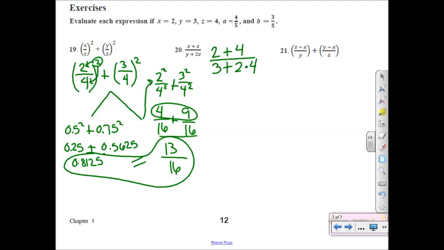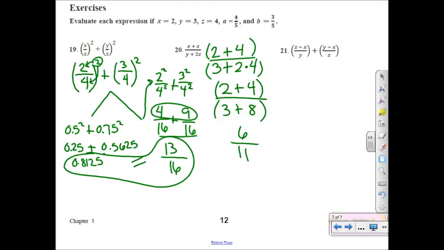By order of operations, we do the multiplication first on the bottom. So we have 2 plus 4 on top, and then 3 plus 8 on the bottom. And then we do the addition on the top and the bottom. So we have 6 on top, 11 on the bottom, and we can leave it like that.